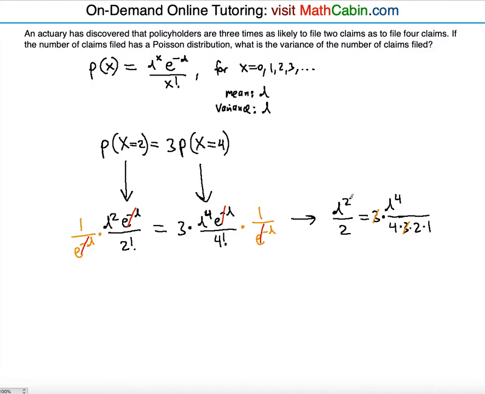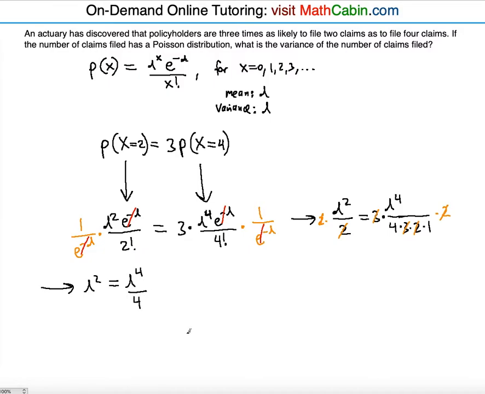The 2's in the denominator cancel out if you multiply both sides by 2. So now we're going to have lambda squared is equal to lambda to the 4th divided by 4.